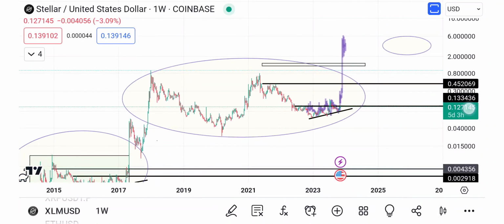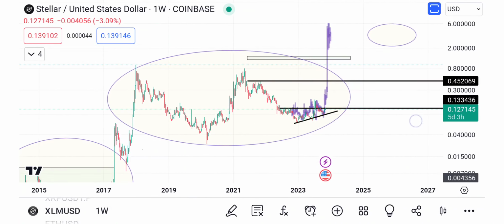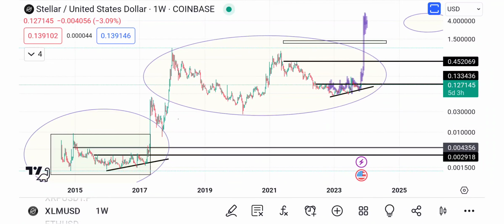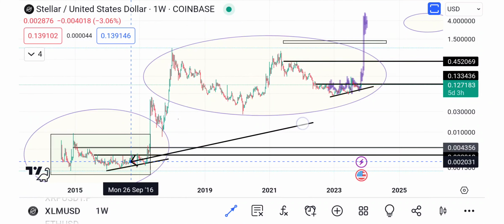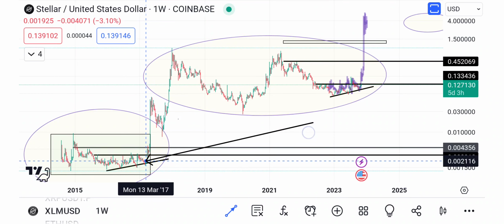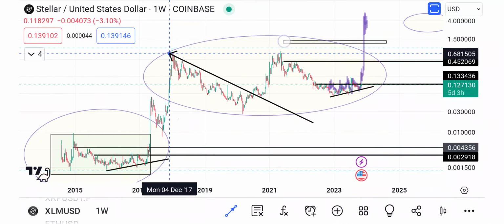And what you can see is the fractal. So the thing about fractals is, back here when XLM was not even a penny, the market cap was a lot smaller. So it didn't require a lot of money to move the price from all the way down here to all the way up here.